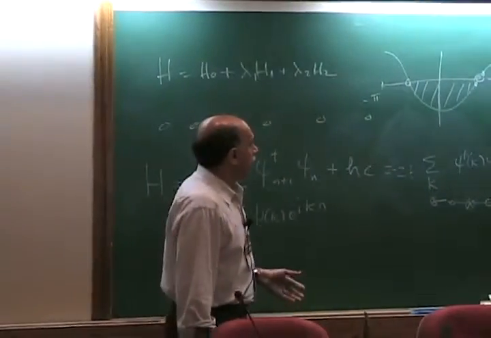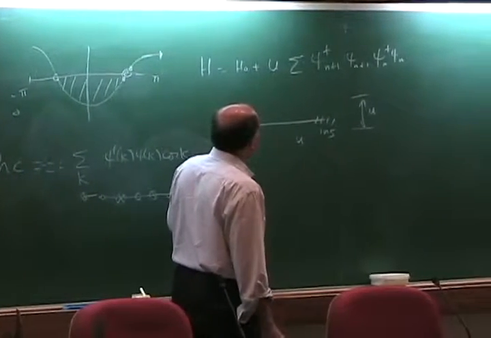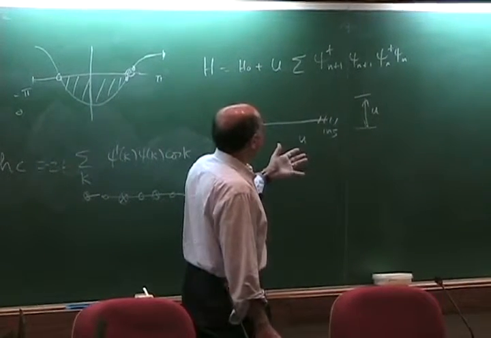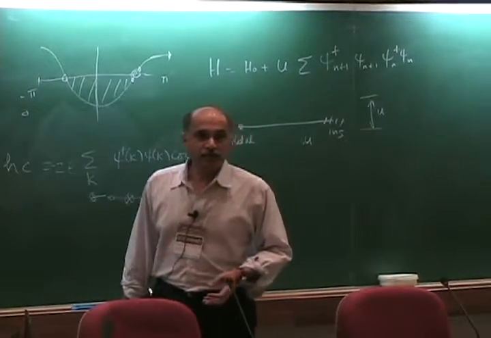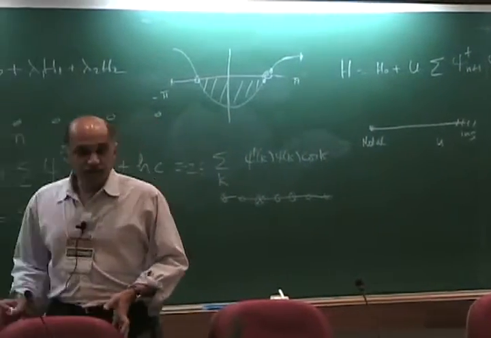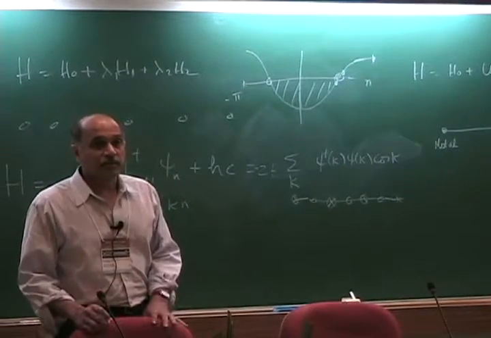Now, if you ask some people what this system would do, they do what's called mean field theory. Mean field theory is where you offer the system some attractive ground state and say, are you interested?